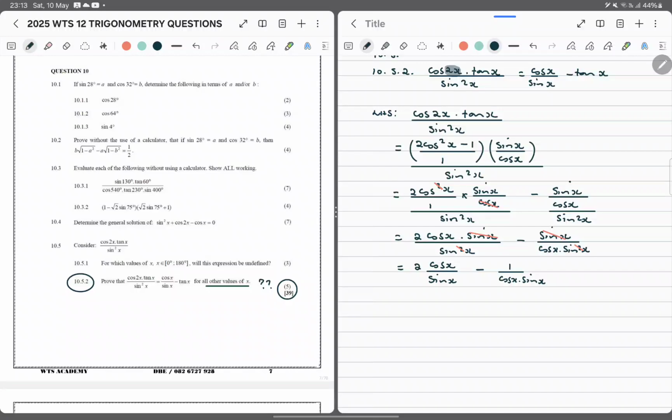But in any case, we see that there's a 2 that we have here, and we just want to get rid of that 2. How do we do this?